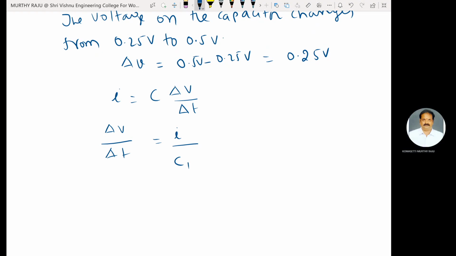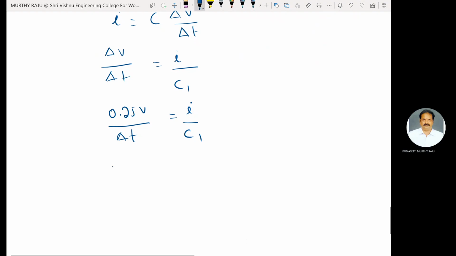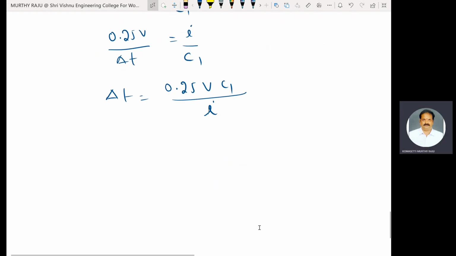Delta V is 0.25 volts, so 0.25 volts by delta T is equal to I by C1. From this expression, delta T is equal to 0.25 V C1 by I.